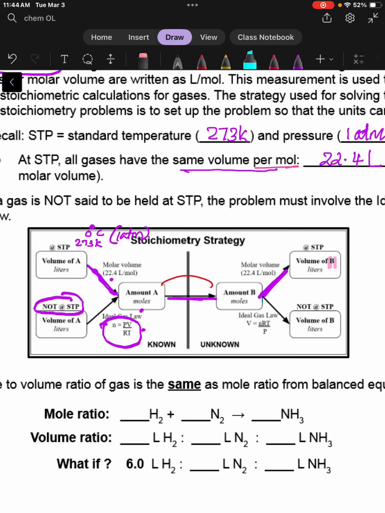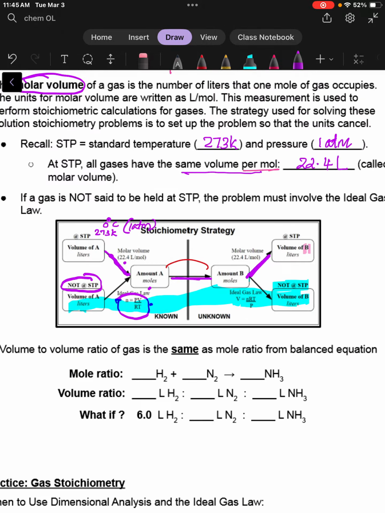Then you convert moles of A into moles of B. Again we need volume, and it is not at STP, so you use the ideal gas equation, rearranged to find the volume. For advanced classes, most of your questions will follow this path. You won't get the direct stoichiometry, because you already know how to do it, so we have to check whether you know how to do this one.